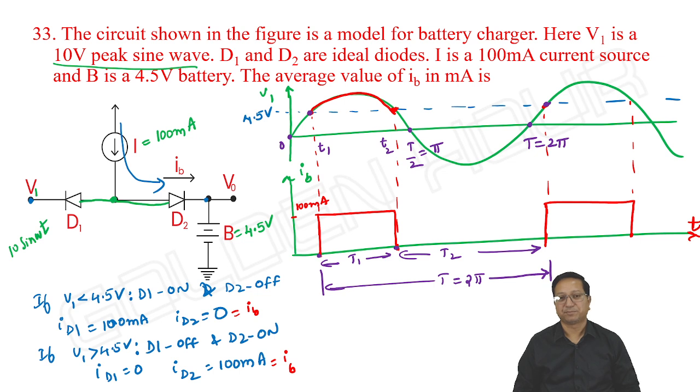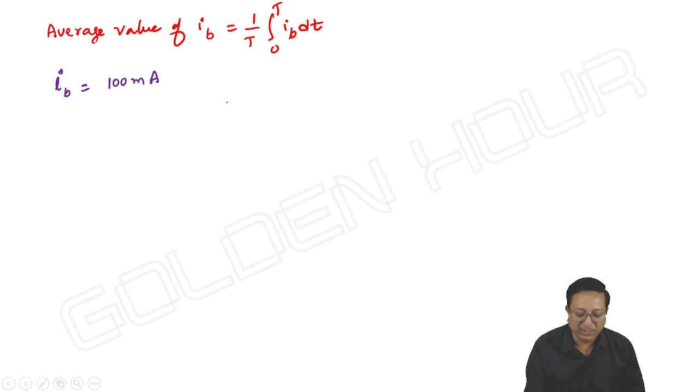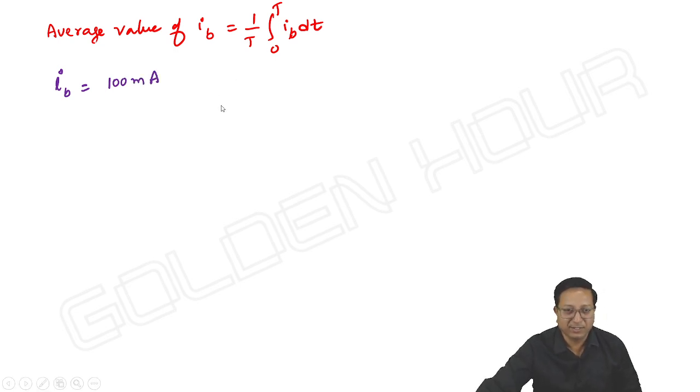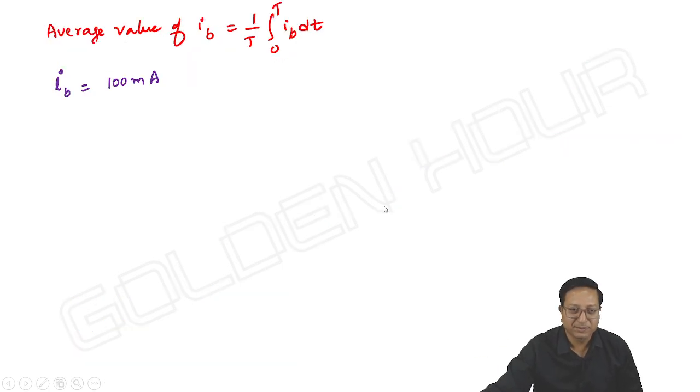We know that. Okay, so let me write that. IB is equal to 100 milliampere over the interval T1, for T1 duration.